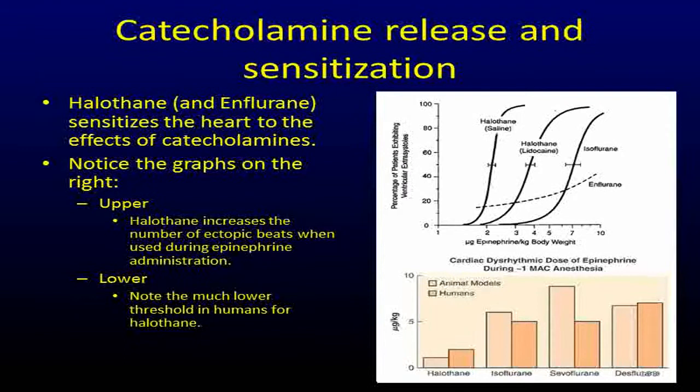The average dose for desflurane in humans is about 7 mics. If I were to ask you, of all the modern anesthetics, desflurane, sevoflurane, and isoflurane, which one, based on that experiment, has a lower threshold for ectopy when using epinephrine? Desflurane. A lower threshold means it's easier to cause using epinephrine.